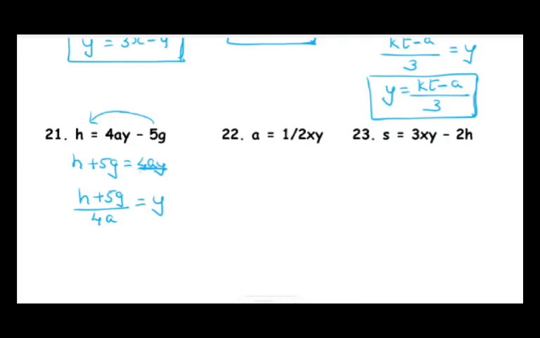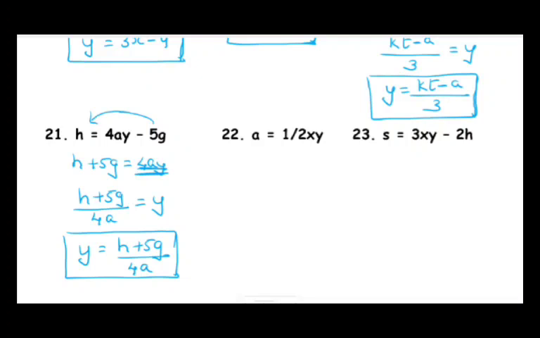All have a multiplication over here. If you see, it's 4 into a into y. So I can always separate the y from both of these together, bringing them in the denominator. Y is equal to h plus 5g upon 4a. And here we go.